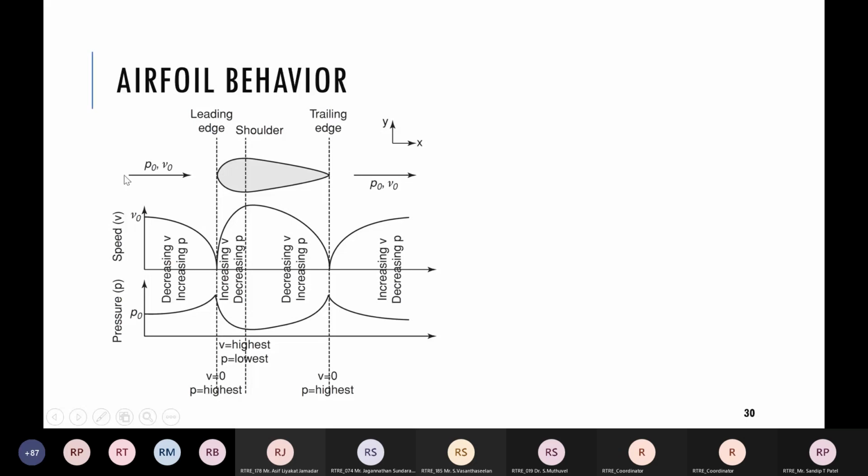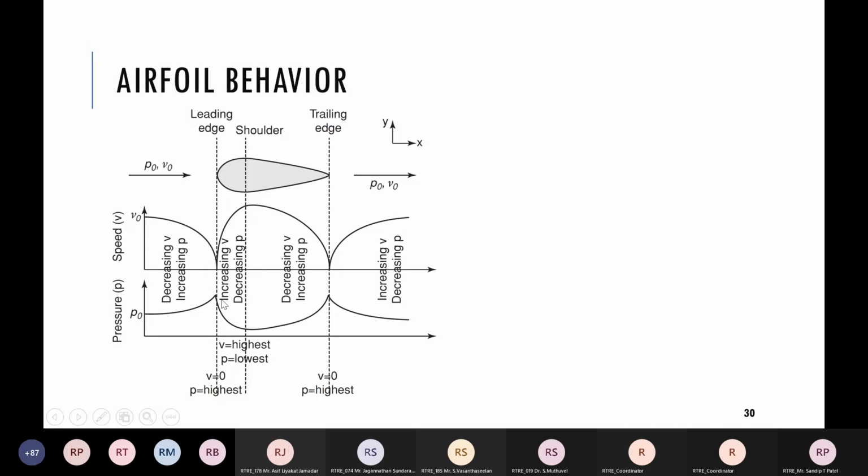Similarly, after the airfoil, far away, the pressure and velocity are the same. When we hit the leading edge, you can see in the graph, the velocity becomes 0 at the leading edge. The same happens at the trailing edge.